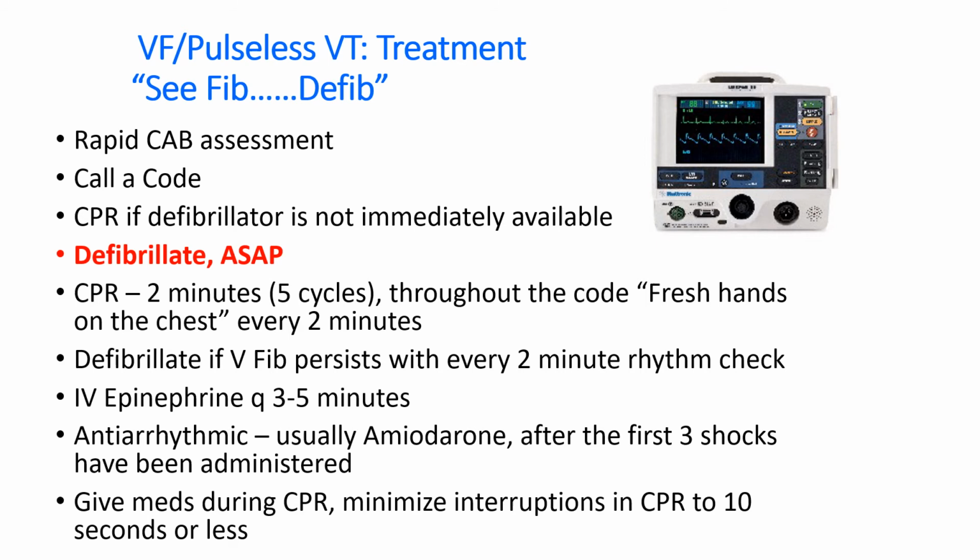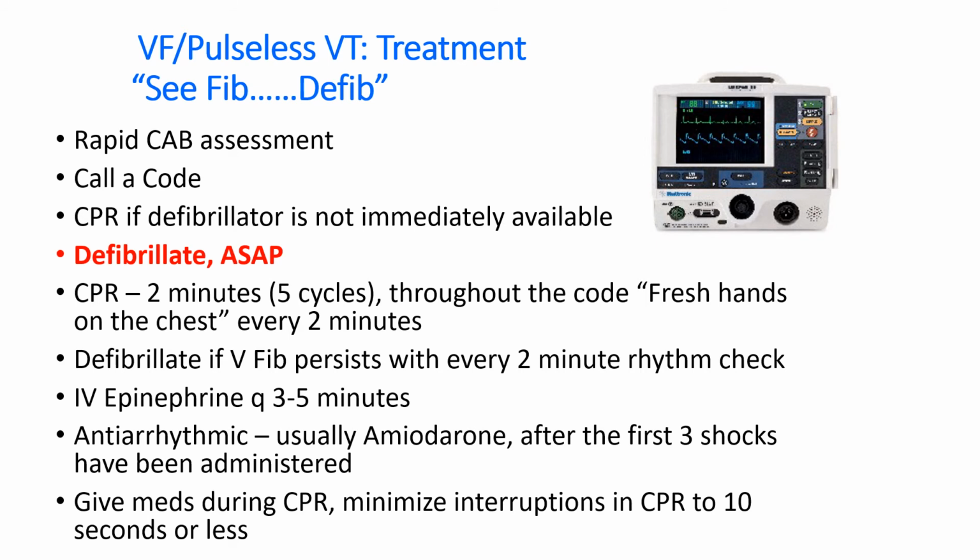When it stops the chaos, the goal is that it will reset the SA node so that normal conduction will take over again. You wouldn't want to give epinephrine after the first shock, because if you were able to successfully convert the person, you wouldn't want to have epinephrine in the system. That would potentially increase heart rate and increase myocardial ischemia, because the heart would become tachycardic.